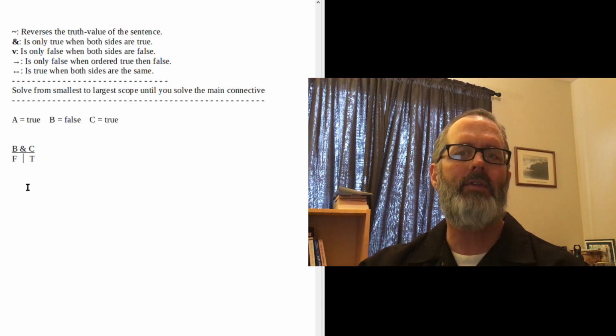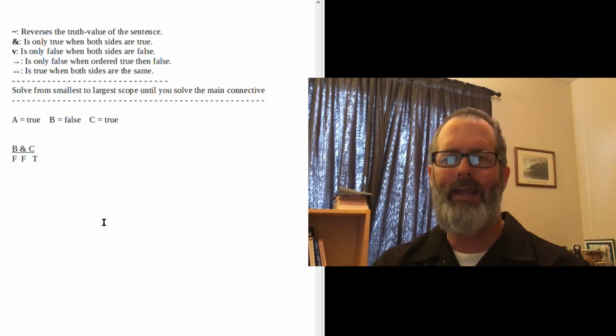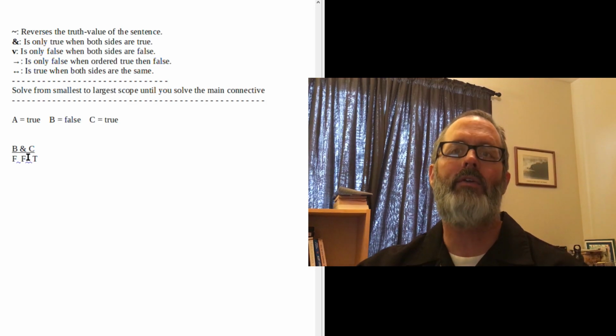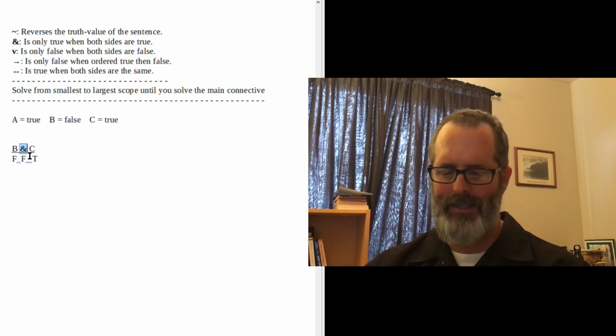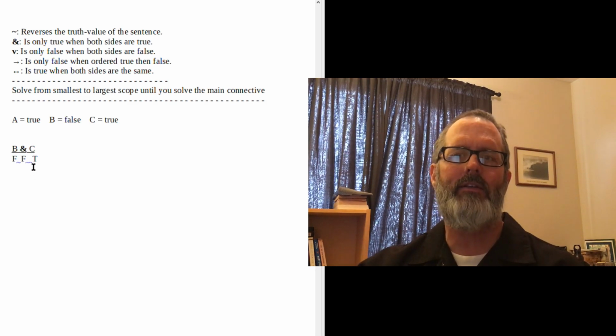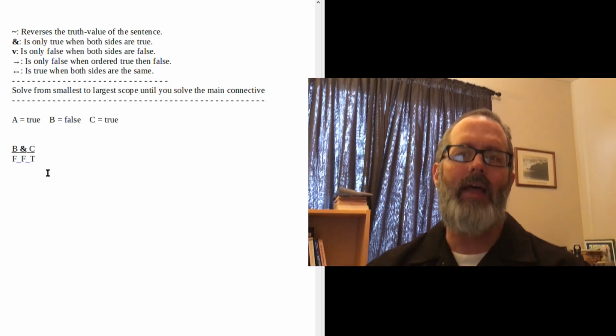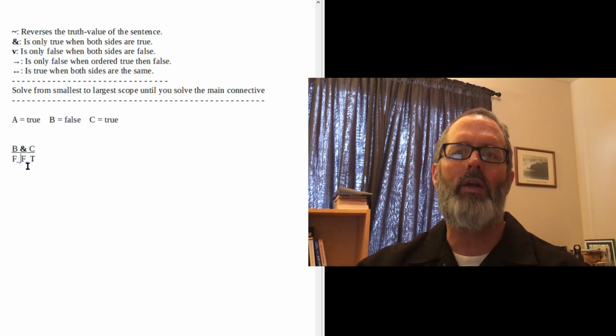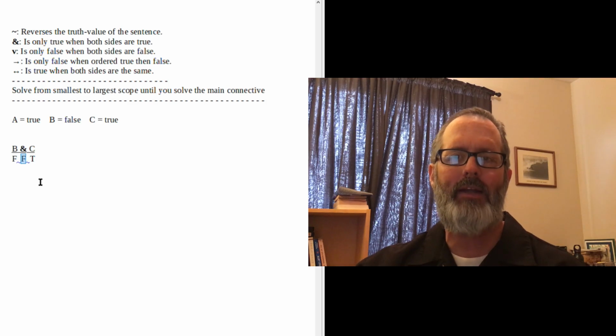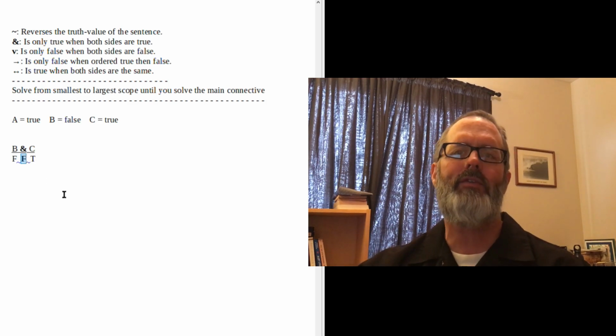Well, are both sides true in this case? No, both sides are not true, so this and is false. Now notice, this and is the main connective of our sentence. So that means that this value, once we've solved the main connective, is the final truth value.